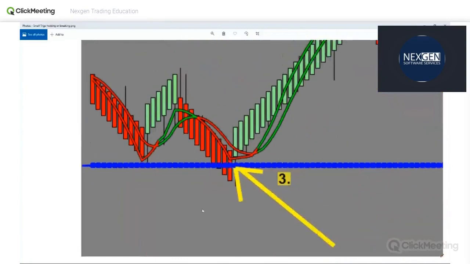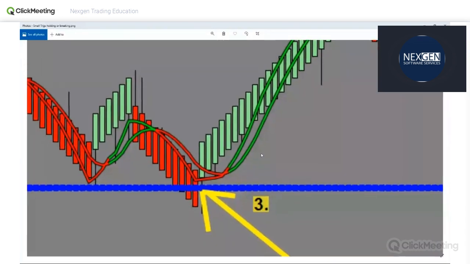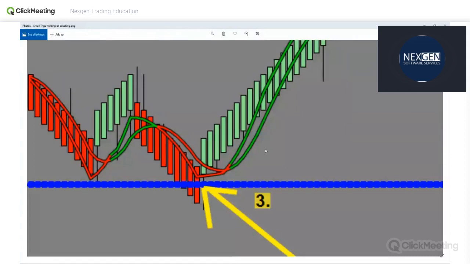Look, if we get a fib support, we can say with pretty good confidence that if you reach support and the trigger doesn't break it, when we get a retest of the support, we can use this support as a counter trend type of signal because the triggers did not break it.